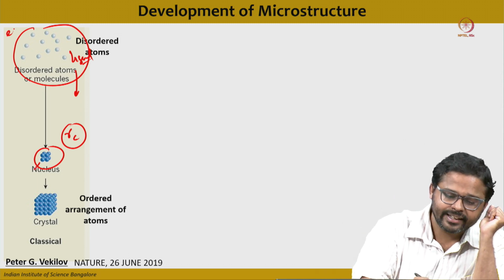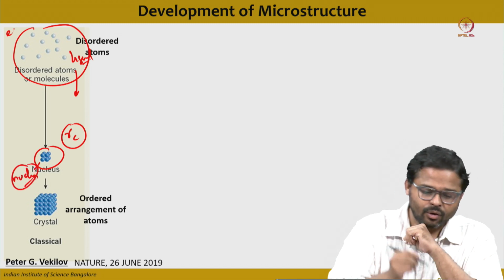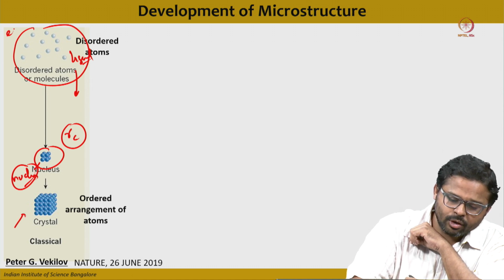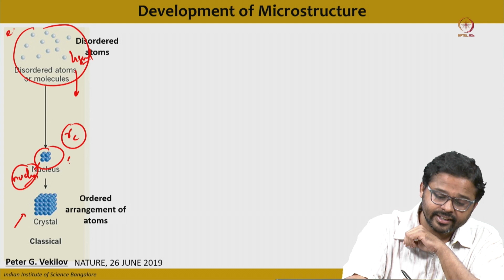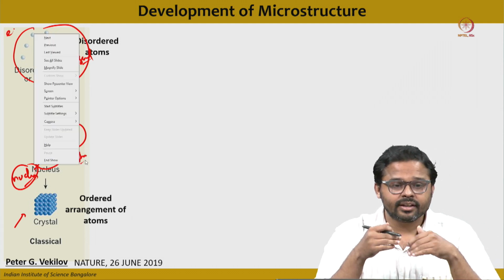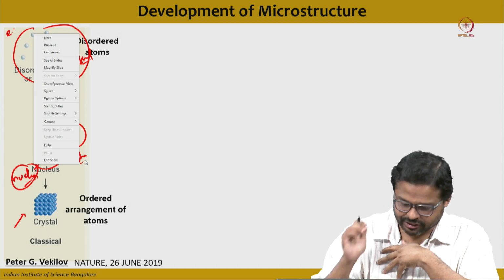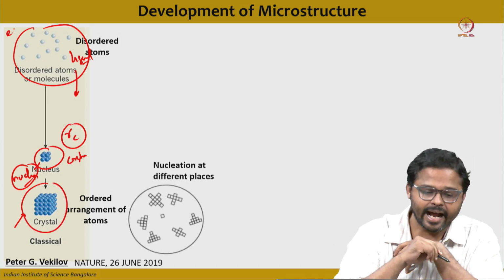And this we call a nucleus. Fine. And to this nucleus, more and more atoms will attach, which has a certain crystal structure. Fine. And that is how this grows in a microstructure. So we call this an ordered arrangement of atoms.